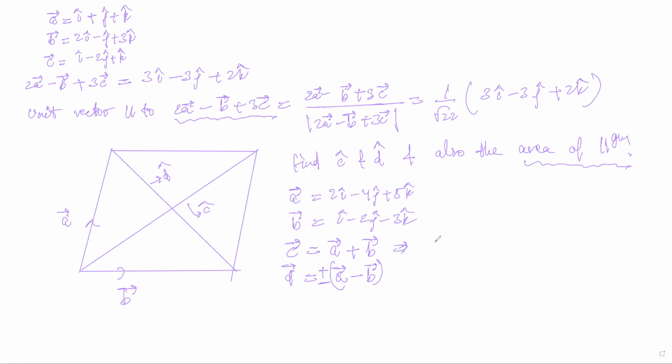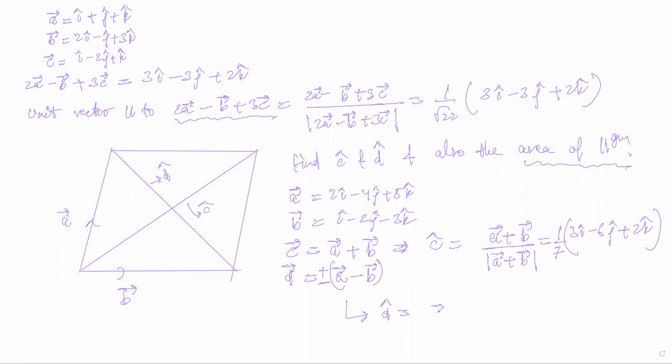C cap would be A plus B divided by modulus of A plus B. So this would be 3i minus 6j plus 2k, and this would be 9, 36 and 9 will be 41 by 7. C cap would be this.